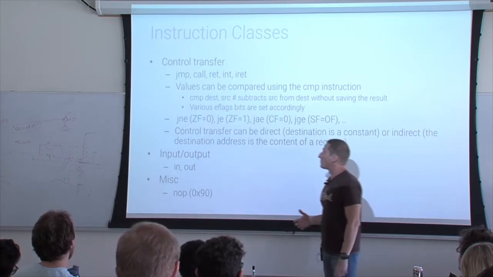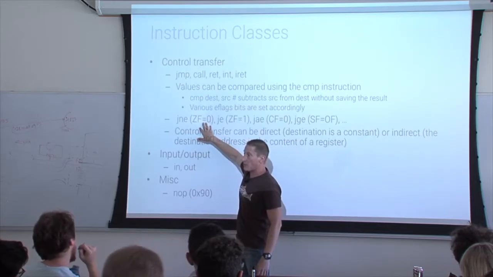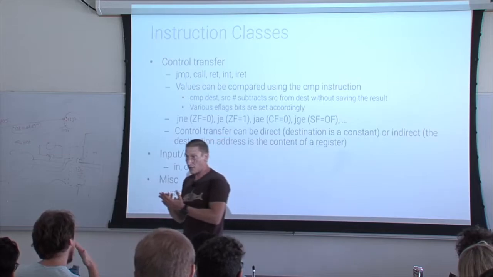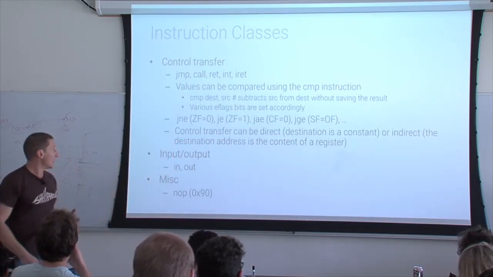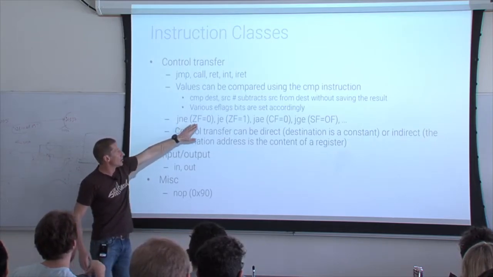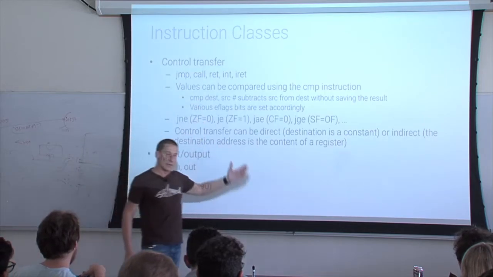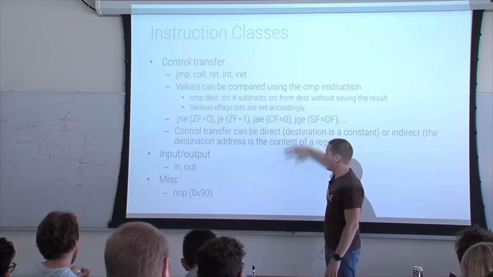So for example, you can say if the zero flag is 0, that means that the two are not equal, because subtracting one from another would have returned 0 and would have set the zero flag. So if you use JNE, jump if not equal, it just checks this flag after this instruction, and if they're not equal, we'll jump to a certain address, and so forth. Similar for other flags.